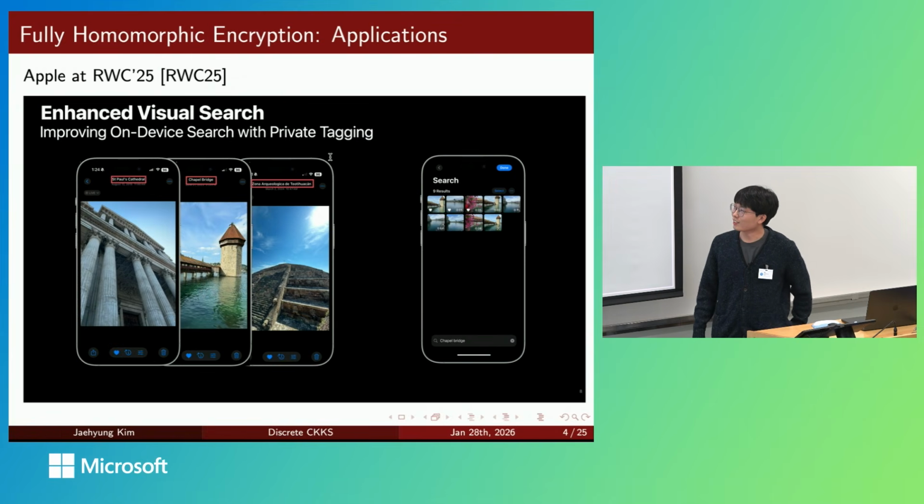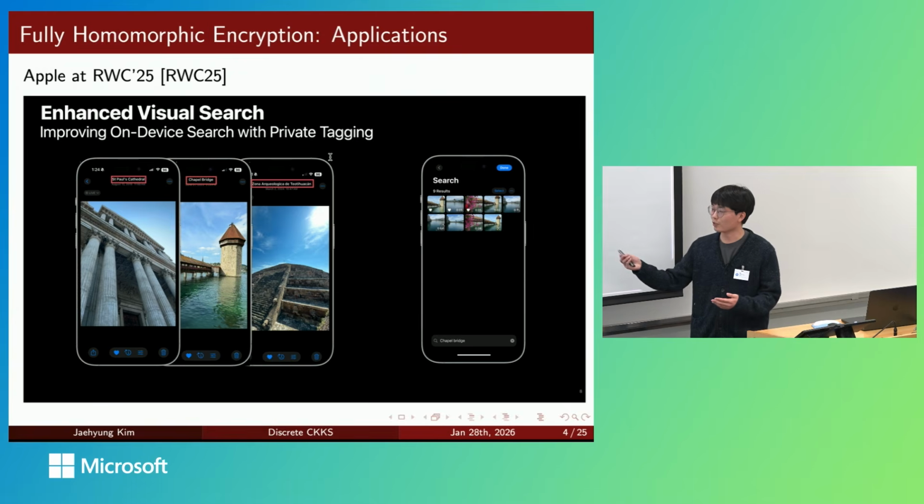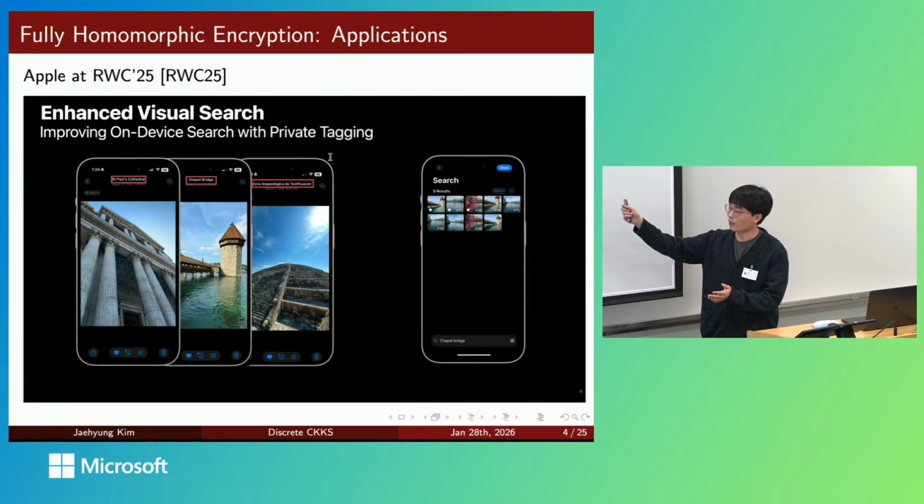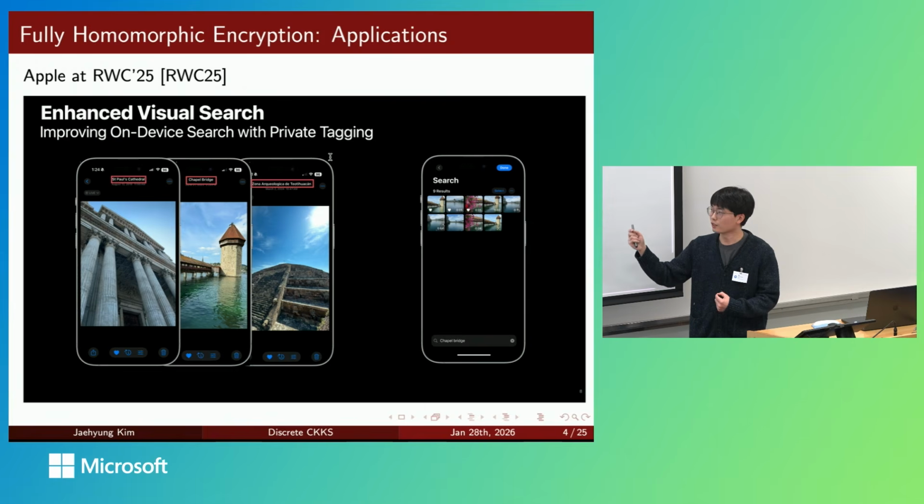I would say FHE is now already pretty mature since the first development, and has started to be deployed. For instance, Apple recently introduced visual search in their mobile devices. How it works is, think of you having photos in your iPhone, and you don't want Apple to really access all your photos, but you want to identify any landmarks in the photos.